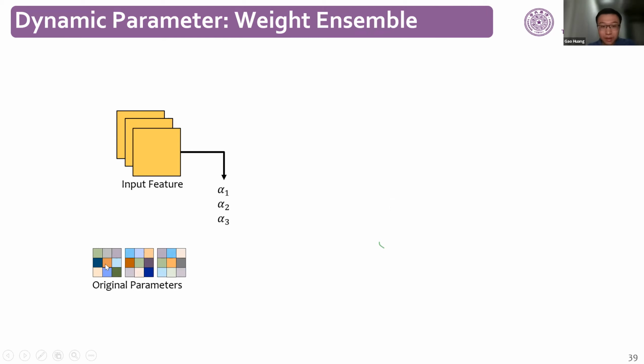For example, in a traditional convolution layer, we have one set of convolutional filters, and here we have multiple sets of convolutional filters, and these sets of filters are weighted and summed up, and these coefficients are generated conditioned on the input feature.